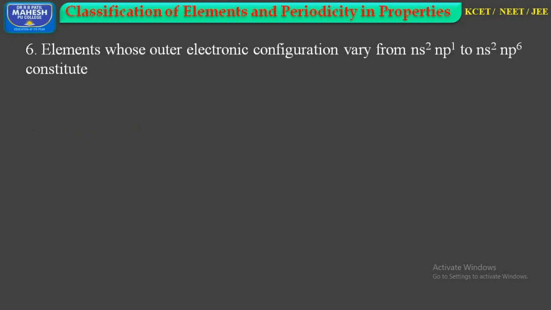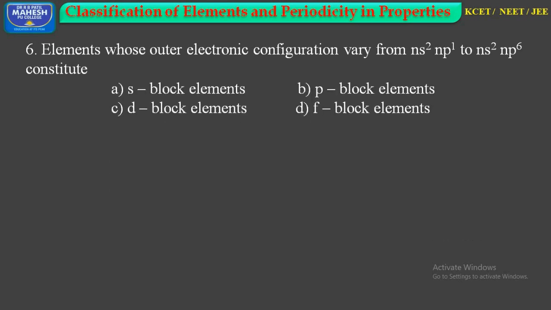Question number 6. Elements whose outer electronic configuration may vary from ns2 np1 to ns2 np6 constitute. Option A, s block elements, option B, p block elements, option C, d block elements, and option D, f block elements.